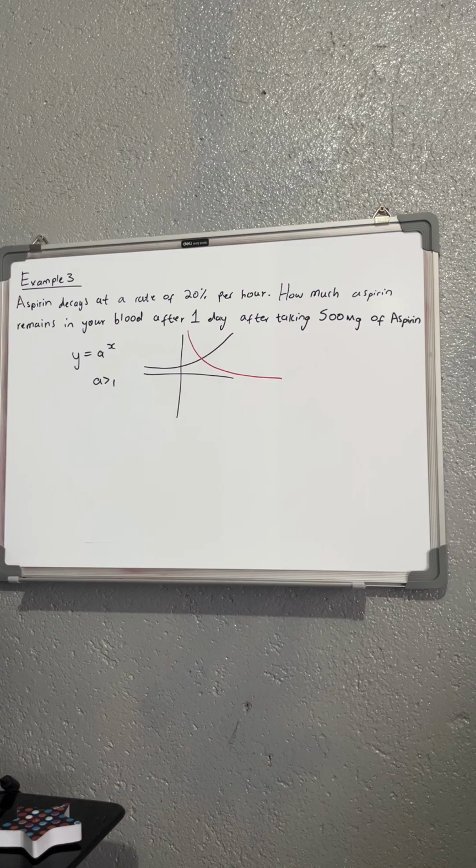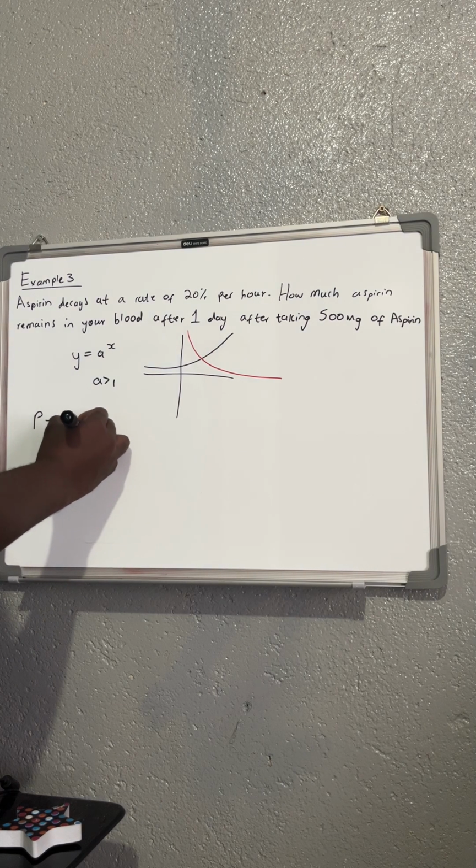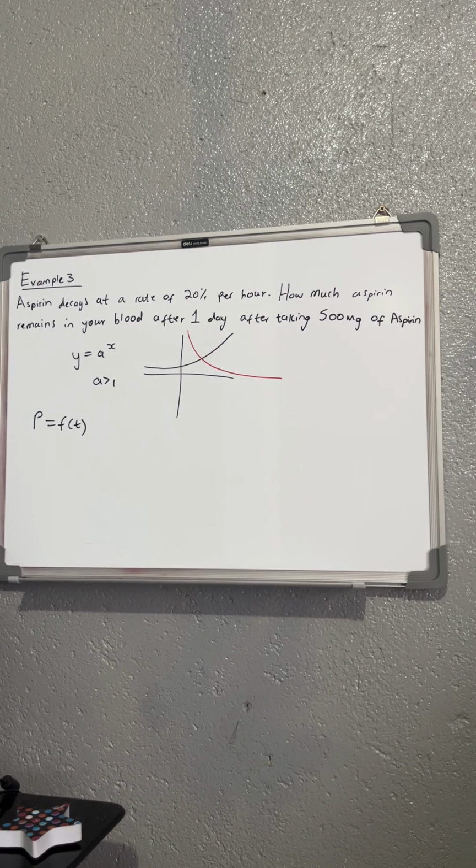Suppose p is equal to f of t, or p is your function of time. So p is an exponential function of t with base a greater than 0.